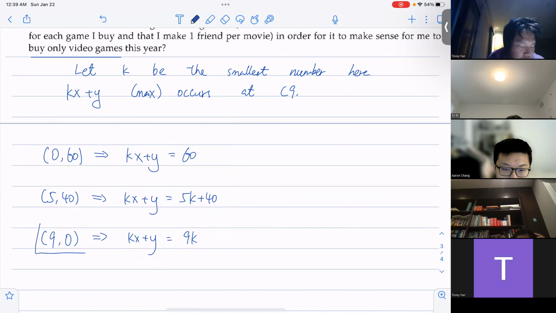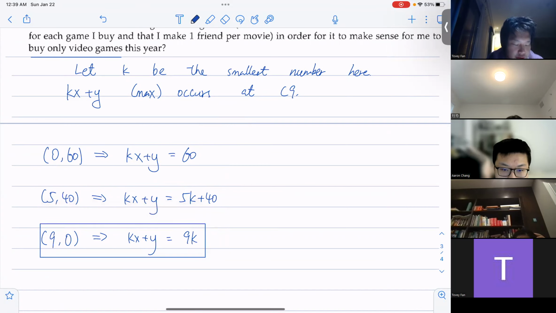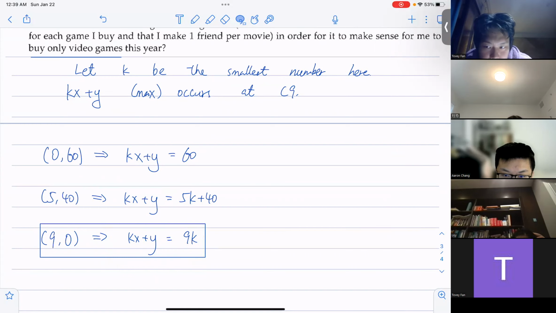We're given that the last one is the solution, so the last one will produce the most number of friends for me. That's what it means, right? So what can we do now, Lily? How do we make the last one the solution? If the last one gives you the maximum value of kx plus y, what does that mean for these three numbers?